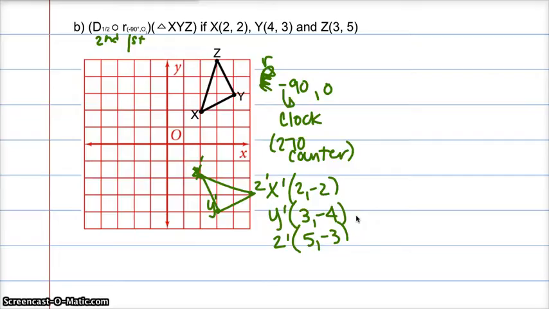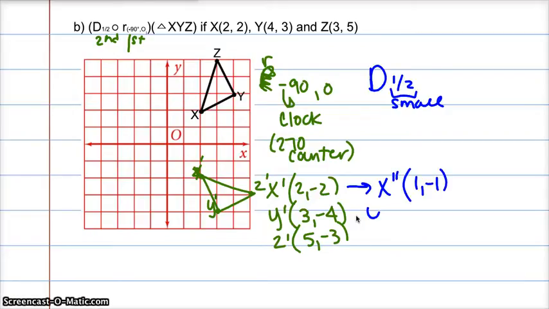Then what it's telling you to do is to dilate this figure by half, meaning it's going to get smaller by a factor of half. So take x prime and cut it all in half. Take y prime and cut it all in half. And take z prime and cut it all in half.